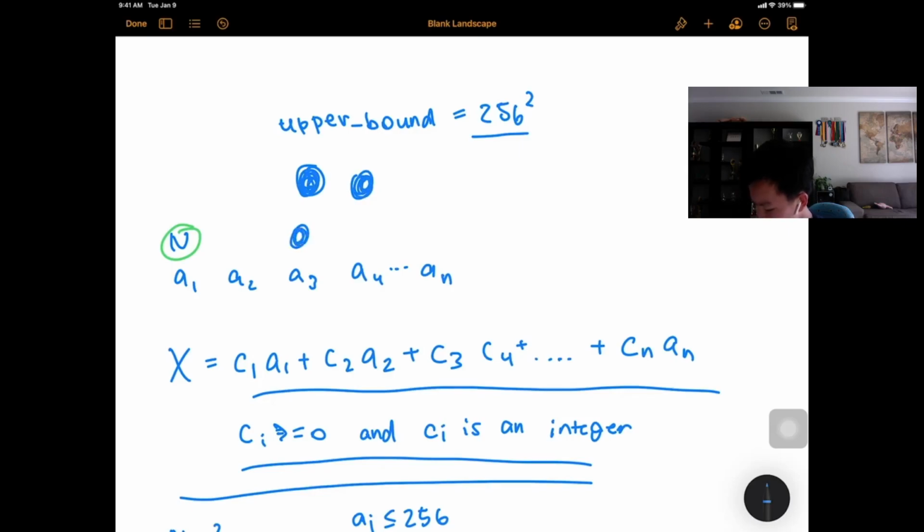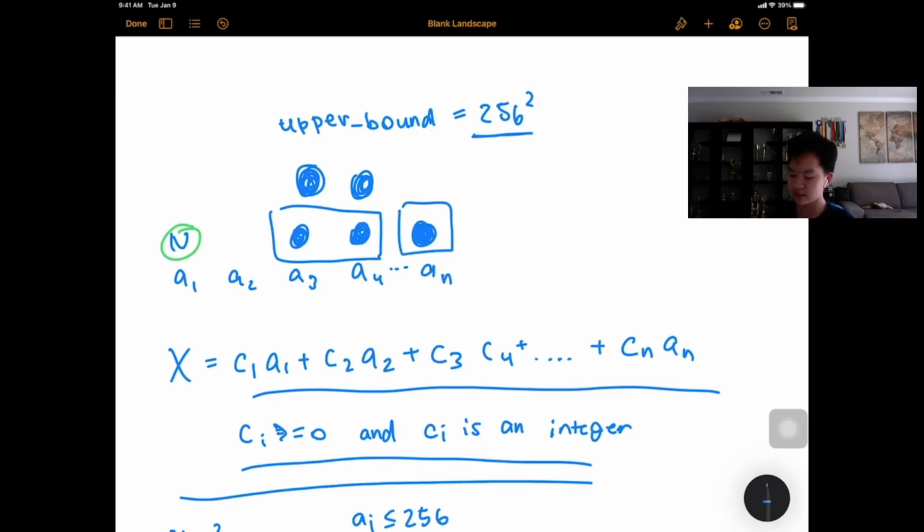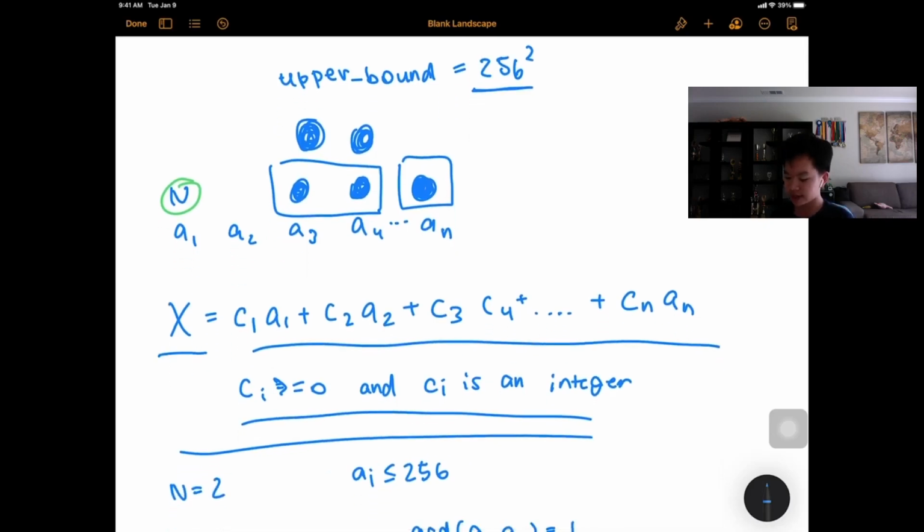Now we have three numbers. If we have these three numbers, we can choose to use just these two numbers, so our upper bound would be this. But if we also choose to add this number, our upper bound would only decrease, since by adding a different number we have more choices, which results in more possible x.